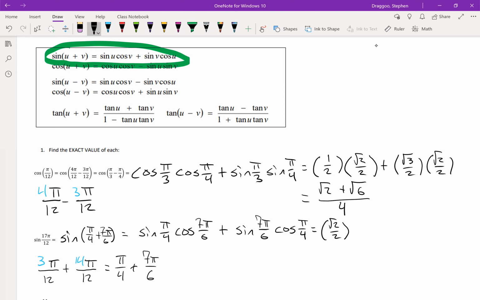So it'll be root 2 over 2 times root 3 over 2. Plus sine of 7 pi over 6 is negative 1/2. And the cosine of pi over 4 is also root 2 over 2. Giving us negative root 6 minus root 2, all over 4.